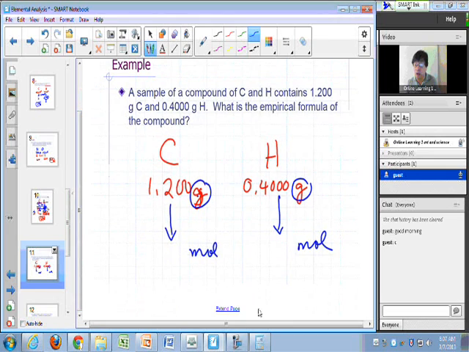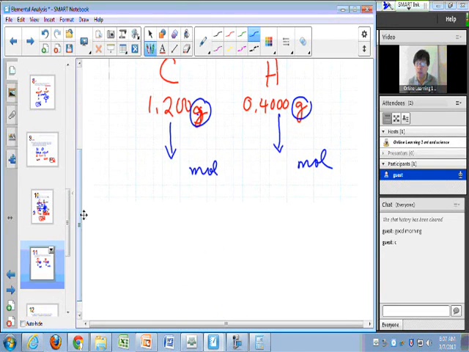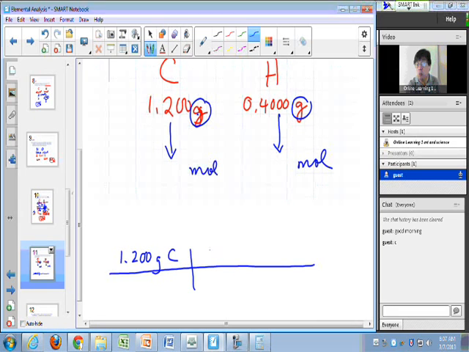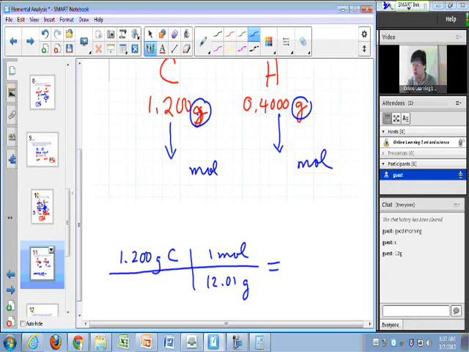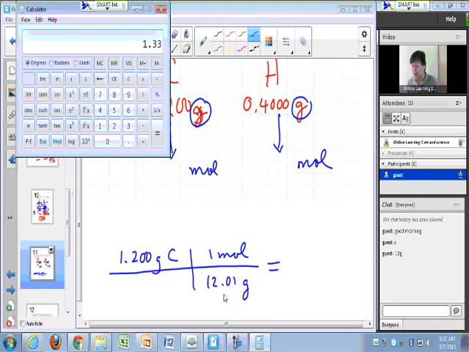So let's review. How do you convert grams to moles? So let's see. 1.200 grams carbon. How do you change that to moles? 1 mole of carbon weighs how much? Check your periodic table. It's 12.01 grams, right? So what is 1.200 divided by 12.01? Okay. Now always use at least 4 sig figs in your molar masses, all right?